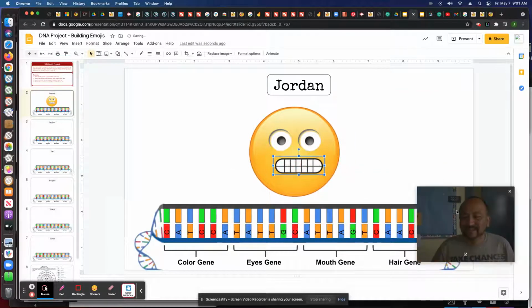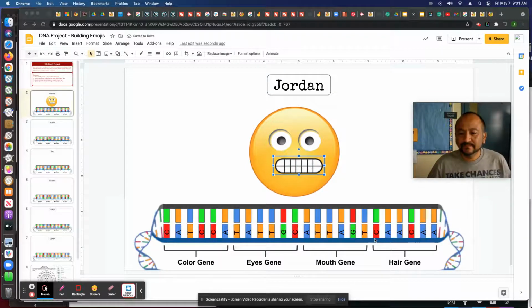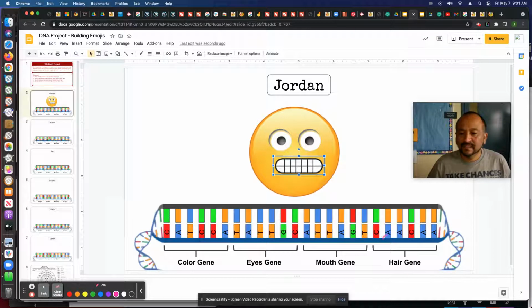And now we have the hair gene. So we have CAA. I'm going to write that down. So we're going to find out what kind of hair our emoji will have. CAA. It's always the first 3 letters.